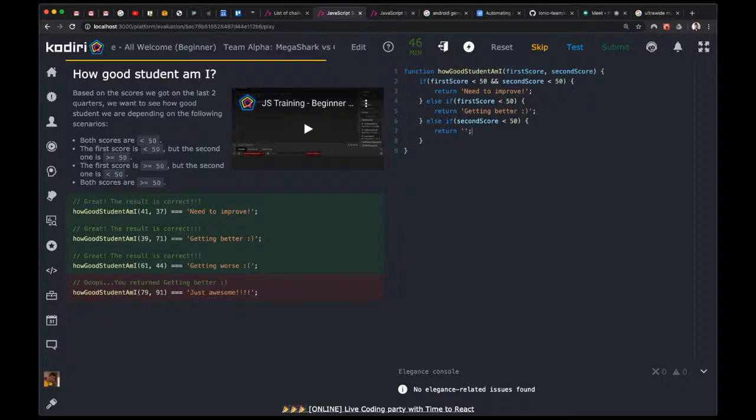It's probably more efficient from a machine point of view because we need to mess around with fewer variables. However, from a human point of view, I hope you agree with me, that's a bit more complicated because you really need to follow the sequence from the beginning to understand what's going on, right? So in this particular case, we're getting worse, clearly, right? And finally, else, if we're still alive on line number 9, what we know is that both scores were above 50, in which case we will return just awesome.